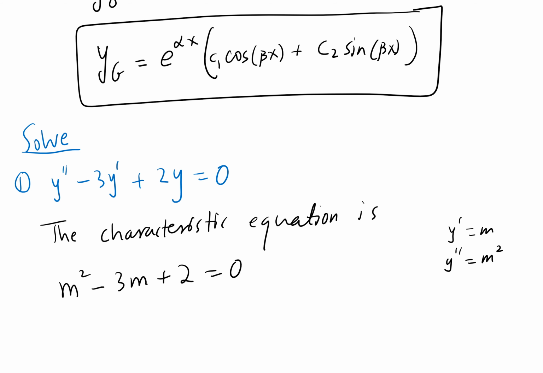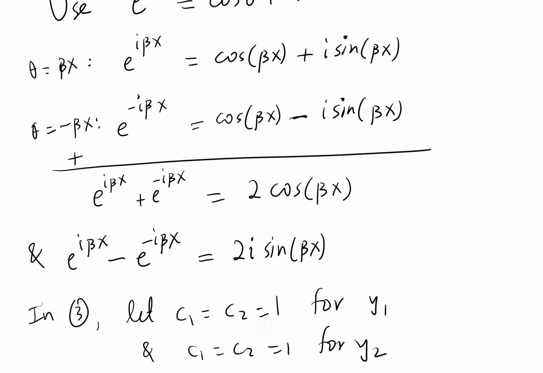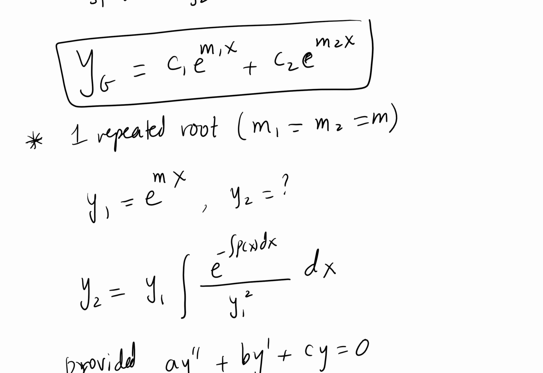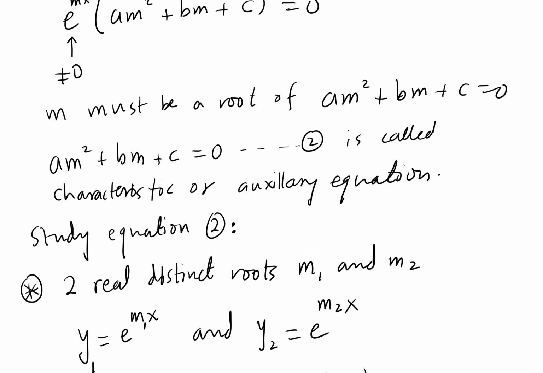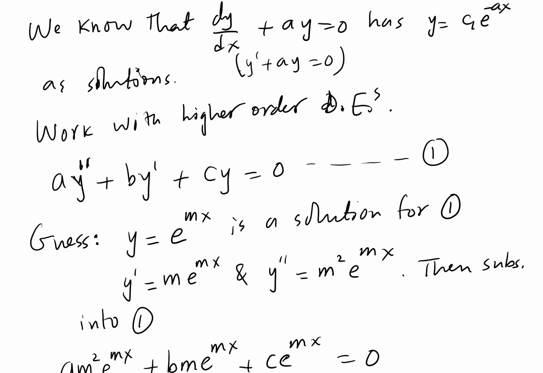Okay, let me scroll back up and show you exactly why this works this way. We proved why it works, but I'm going to show you again. So if we go all the way up, notice equation 1. It's similar to the one I'm just trying to solve, right? A y double prime plus b y prime plus c y equals 0.